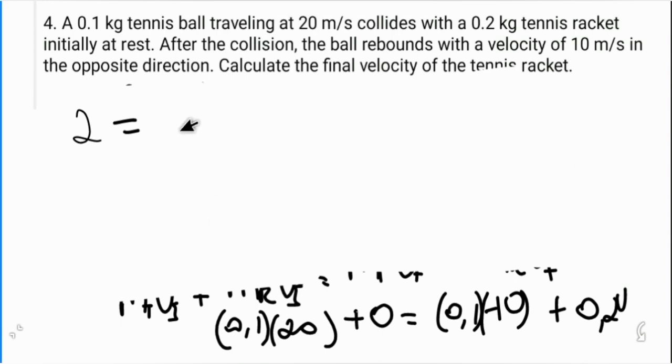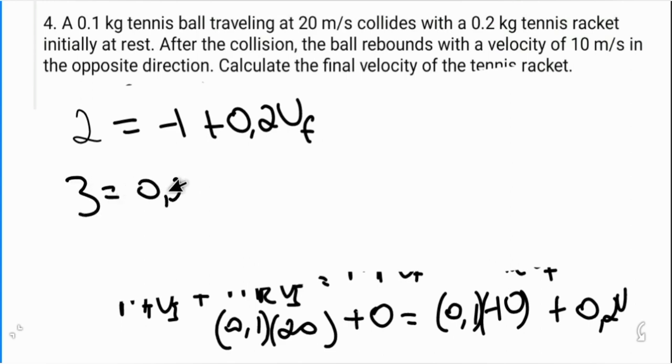That gives negative 1, plus the initial velocity of 0 times the mass of the tennis racket, which is 0.2, times the final velocity of the racket. We need to transpose 1 to the other side of the equation, so it's going to be positive 1. 2 plus 1 is 3, which is equal to 0.2 times the final velocity of the racket.